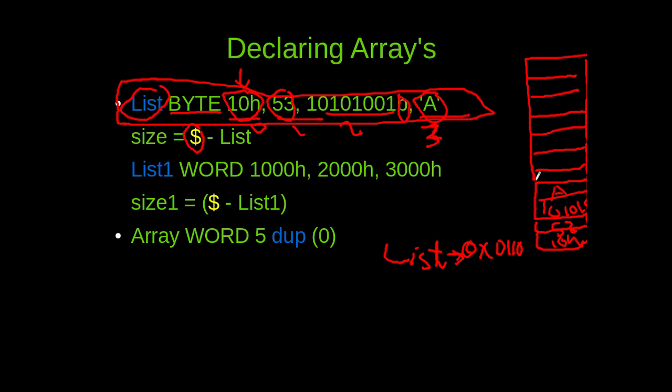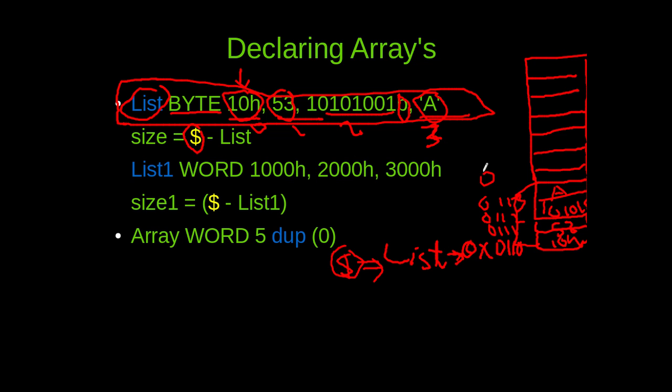This is 4 bytes. Before I do this, the current location pointer is going to be at this address, pointing at list, 0110. Now this is going to be 0111, 0112, 0113. And now where will the current location pointer be after all this?